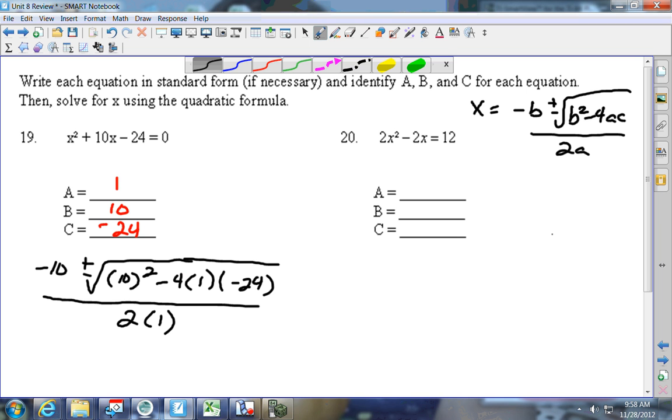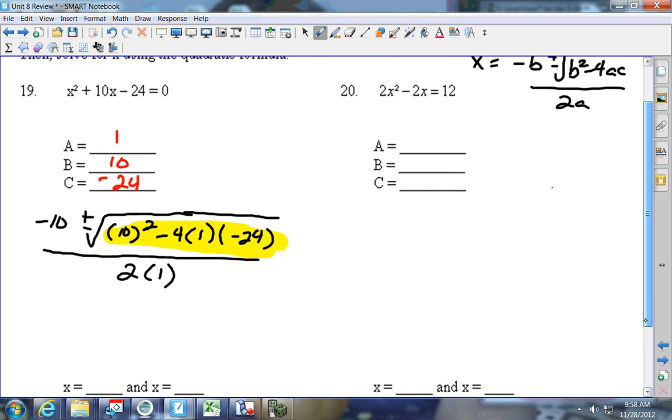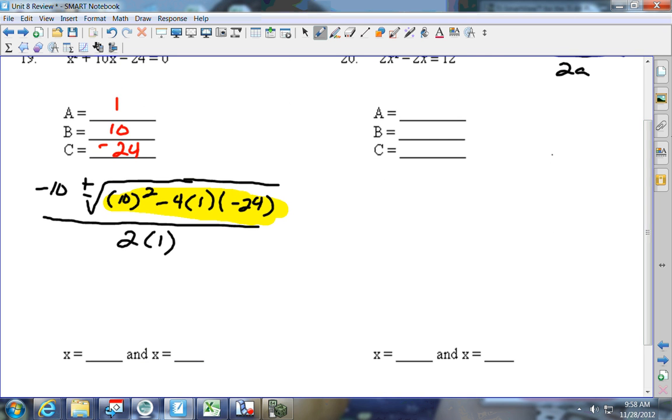The next thing you need to do is put what is underneath the square root sign into your calculator. So what we're looking for is negative 10 plus or minus, we have to figure out what that is, all over 2. And somebody's trying to tell me the answer, and I'm going to find it out on my own.